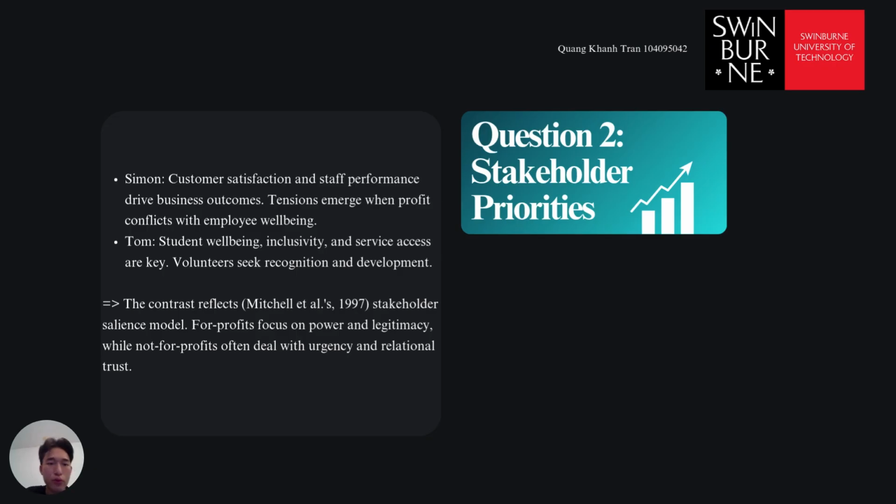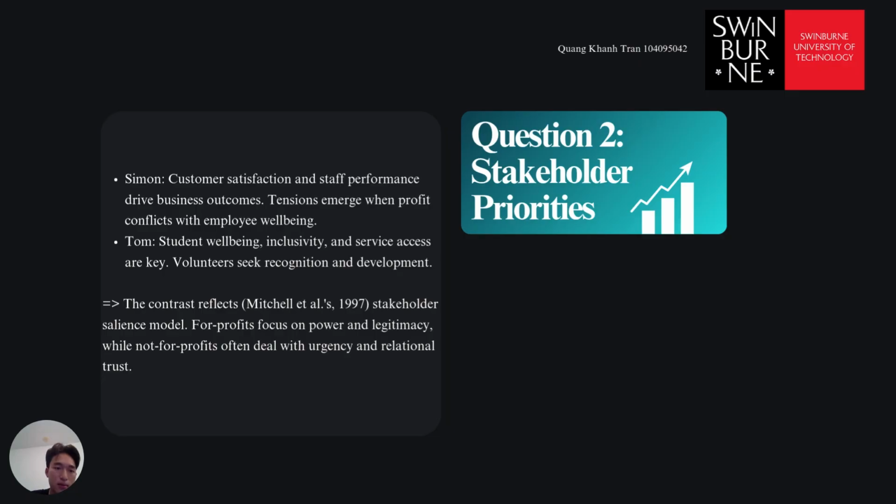Coming to question two, we have: what are these stakeholders' priorities and do they differ? So Simon emphasized that customers expect speed and quality, staff want fair treatment, and management expects profitability. These priorities often align, but sometimes there are conflicts, especially when time or budget is tight.